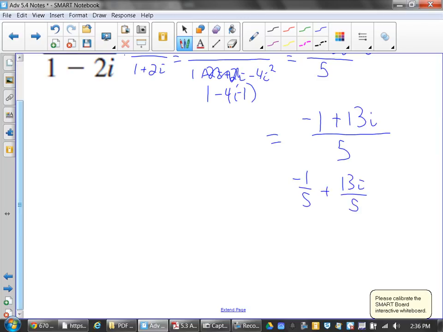The reason they do that is sometimes you can simplify one of those two fractions. Let's say it was 15i. You could simplify it. Does that make sense? That's really the only reason they do it that way. I am, to be honest with you, perfectly fine if you write it like this, but pay attention if you can simplify one of the two fractions. So just be careful.